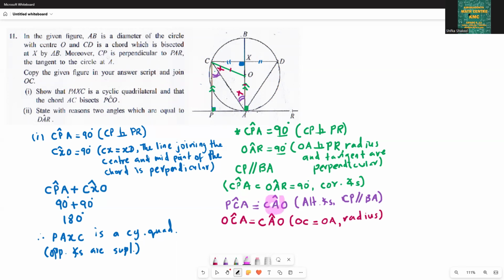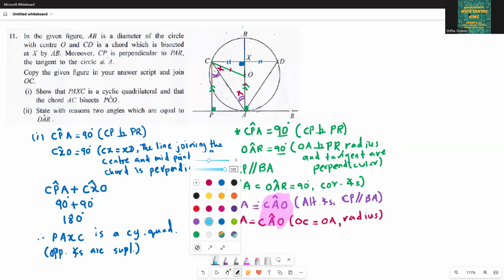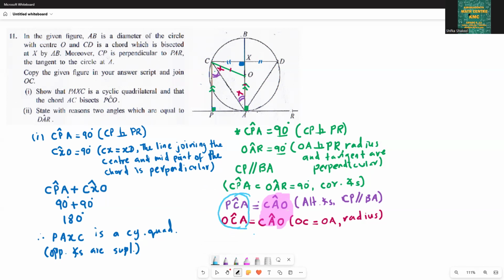So here we can come to a conclusion. Both are CAO, these two are equal. Since these two angles are equal, automatically these two angles are also equal. Therefore, we can write PCA equals OCA according to the axiom.